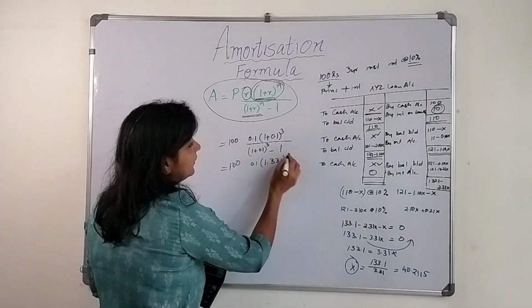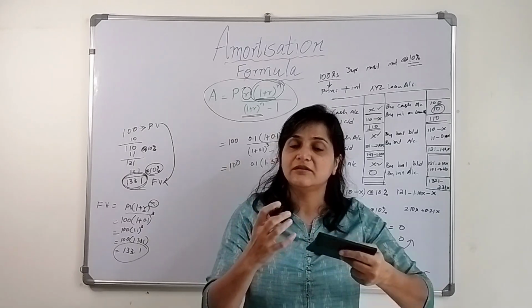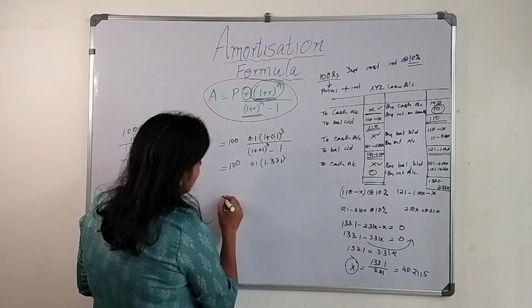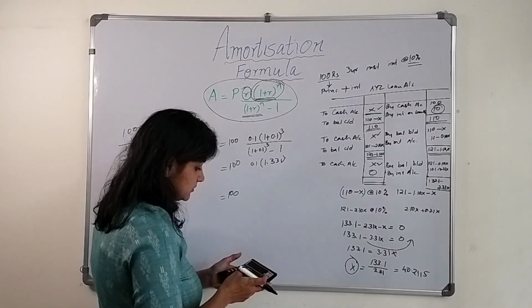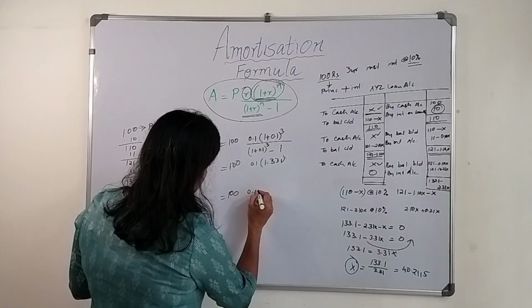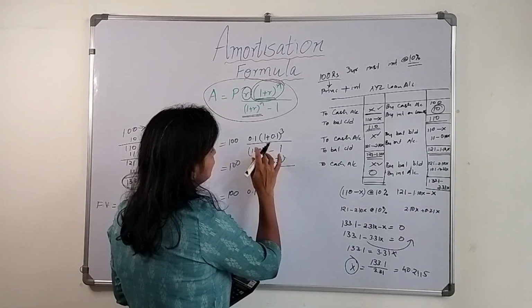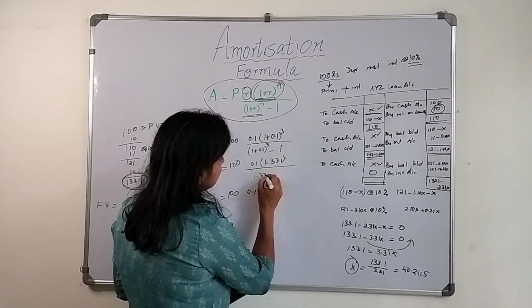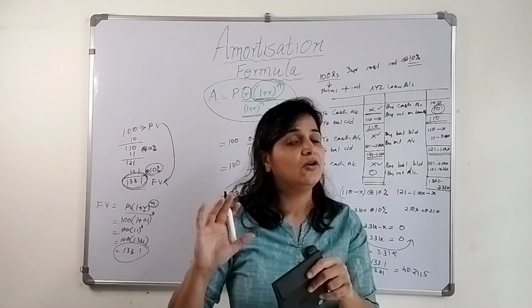We get to know this is the weight on this particular amount. So 0.1 into 1.331 comes to 0.1331. And the denominator part says what? 1.331, the total amount which will be due at the end of 3 years.